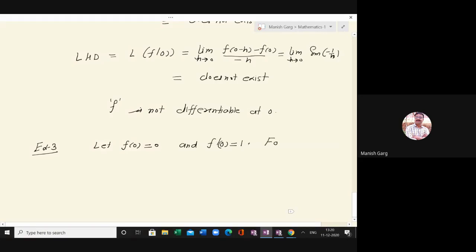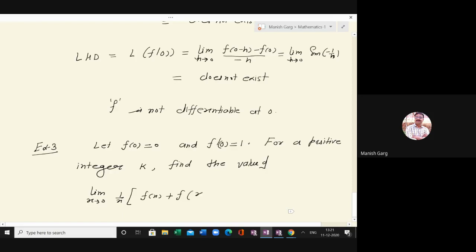For a positive integer k, find the value of this term: f(x) plus f(x) by 2 plus f(x) by 3 plus ... plus f(x) by k. What is given?